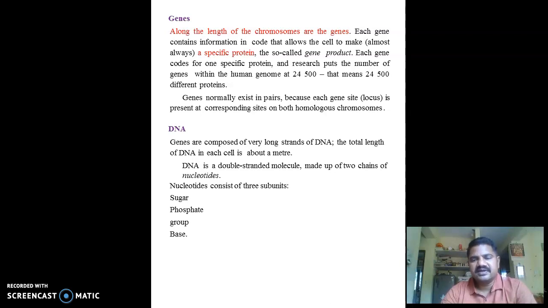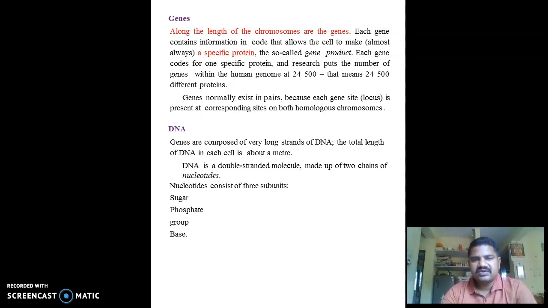Every cell in the body has its specific function, and that function will depend on the protein prepared in that cell, and the preparation of that specific protein will depend on the genes in that cell. So the product of the cell will be a gene product, and each gene codes for one specific protein, and there are around 24,500 different proteins found in humans.